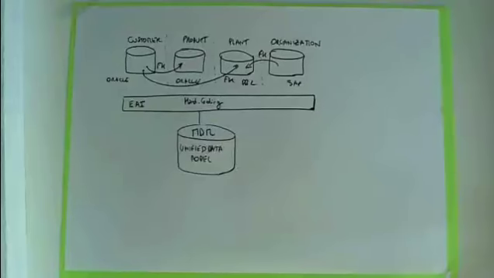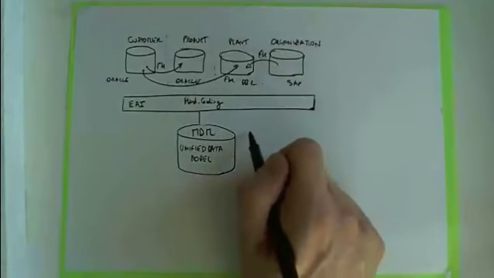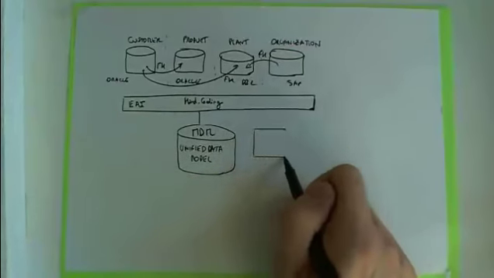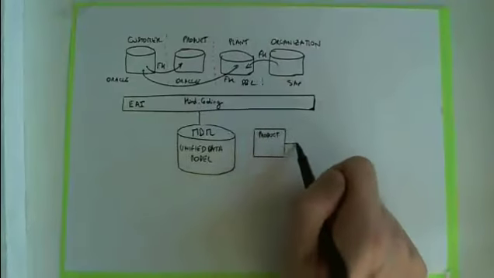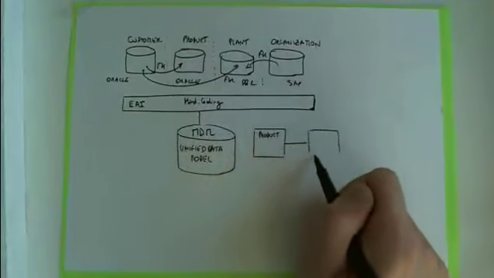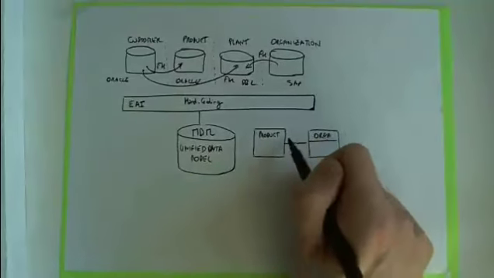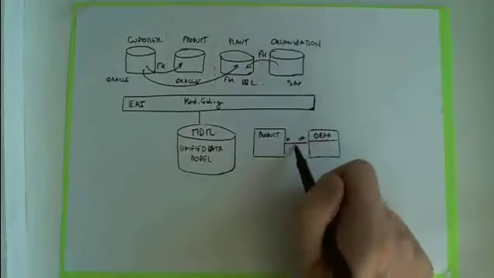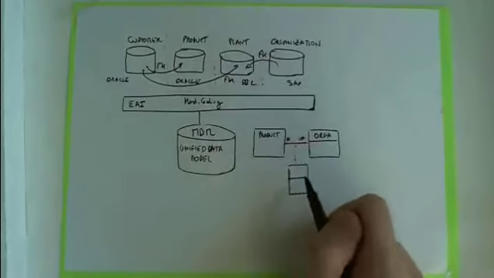So this data model encompasses all relationships between business objects. For example, we can define an object product in relation with an organization, and we define an associative class plant.